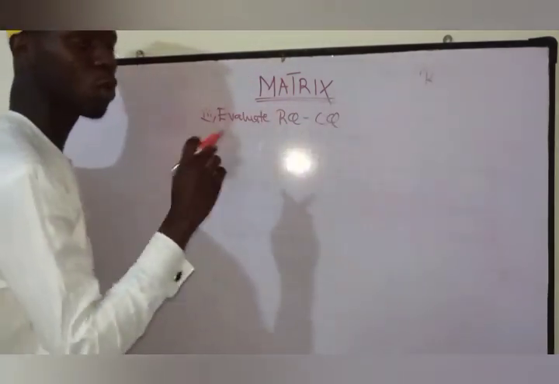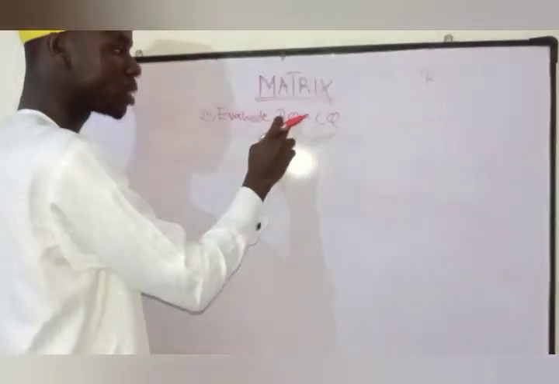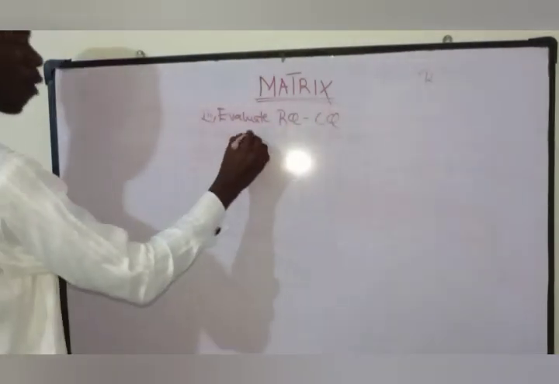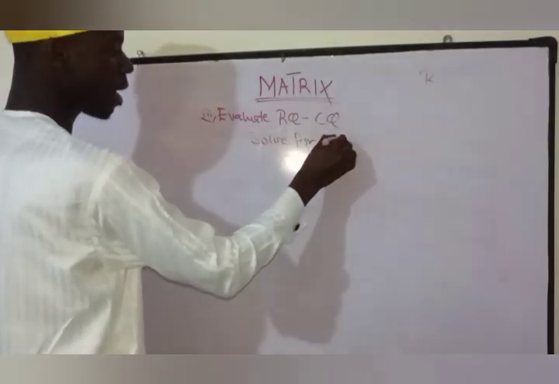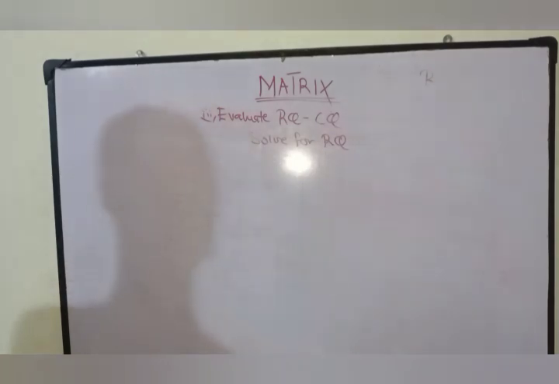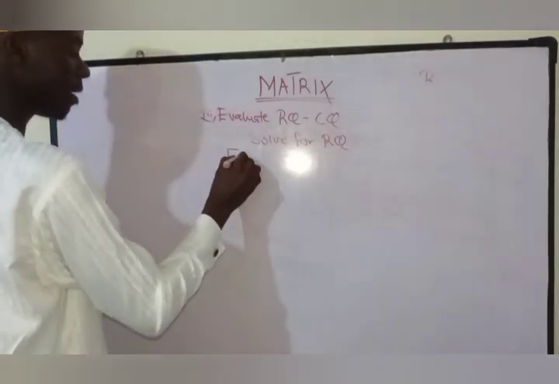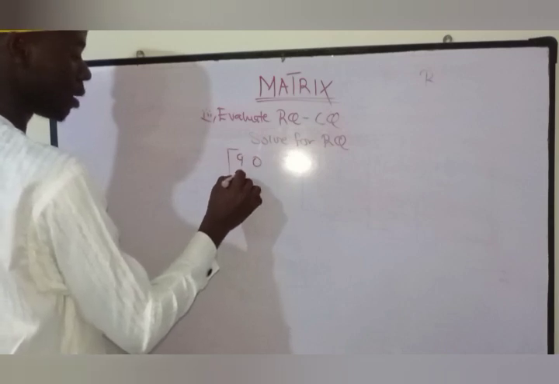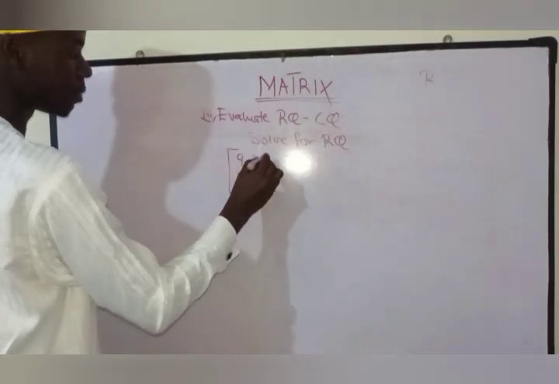I need to multiply that answer by Q first. And R is 9, 0, and 0, 10.